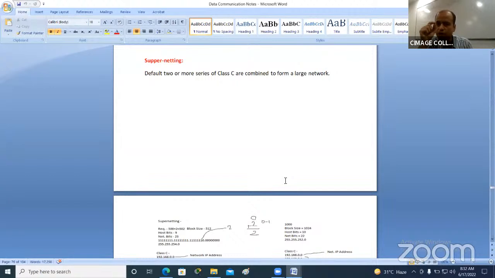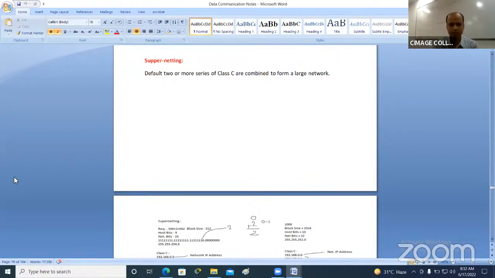And if we have to connect 300 or more nodes in a network, but there is a compulsion that the IP should be from class C, in that case, what will we do? We can combine two or more different series. This concept is known as supernetting.